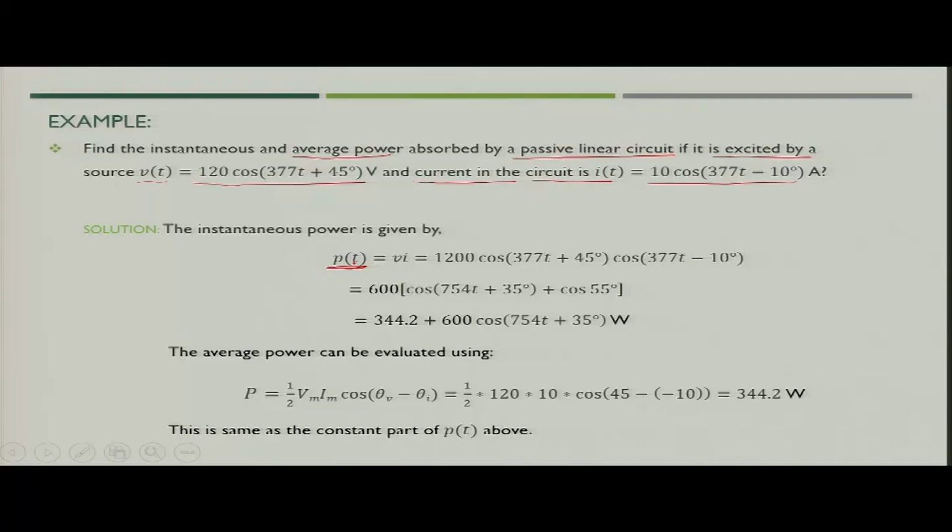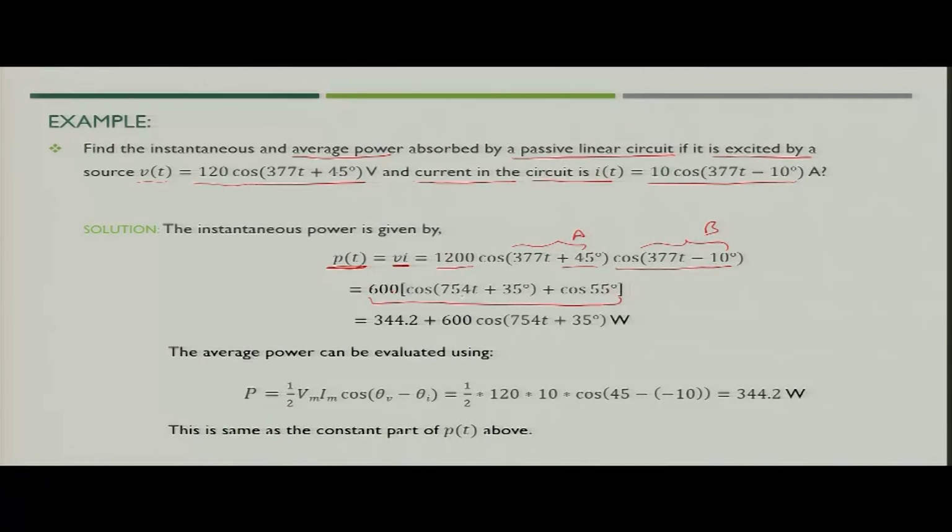Instantaneous power p(t) is the multiplication of instantaneous voltage and current, so put the values of V and I. You will get 1200 cos(377t plus 45 degrees) into cos(377t minus 10 degrees). As discussed previously, call these A and B, and use cos A cos B equals 1 by 2 [cos(A plus B) plus cos(A minus B)].